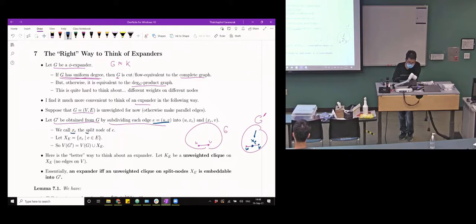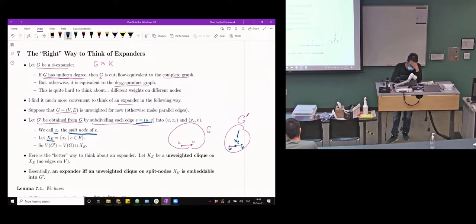XE is a split node of E, and then you can define the set XE to be all the split nodes in the graph G prime. So G prime would contain the original nodes and all the split nodes.